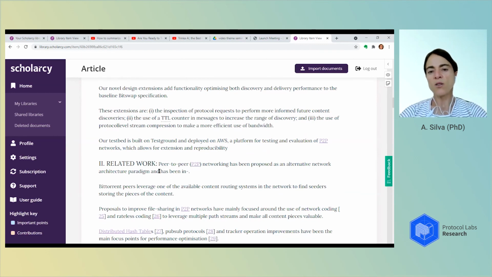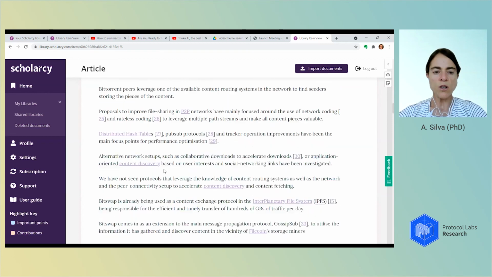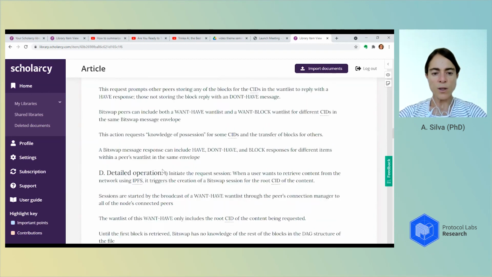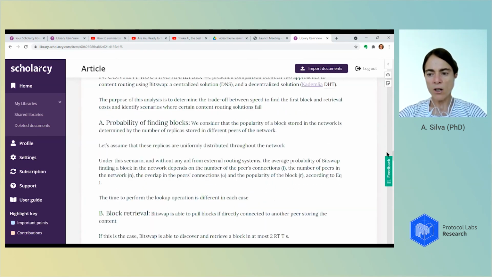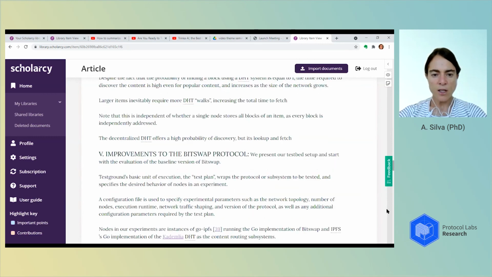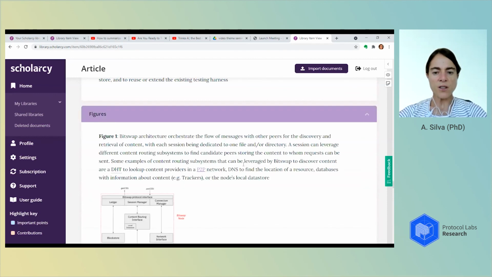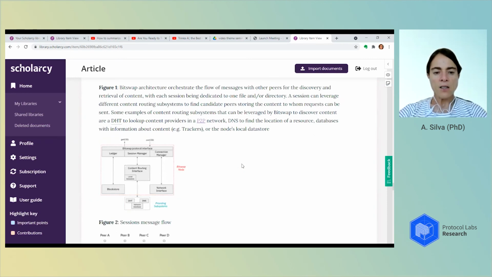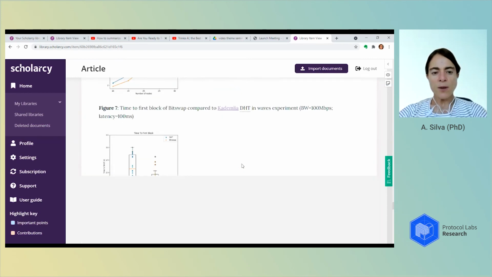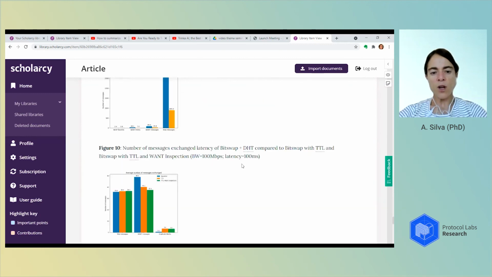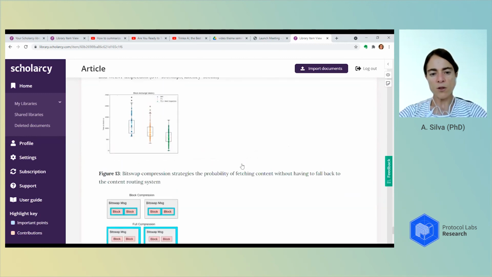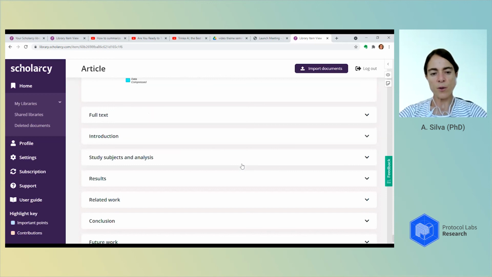You bring those publications here and you just read these summaries that are done by the software. It can be quite long. Let's open it. And then it has all the things. It imports the figures and their legends, and basically it does a summary of the main important parts of the publication.